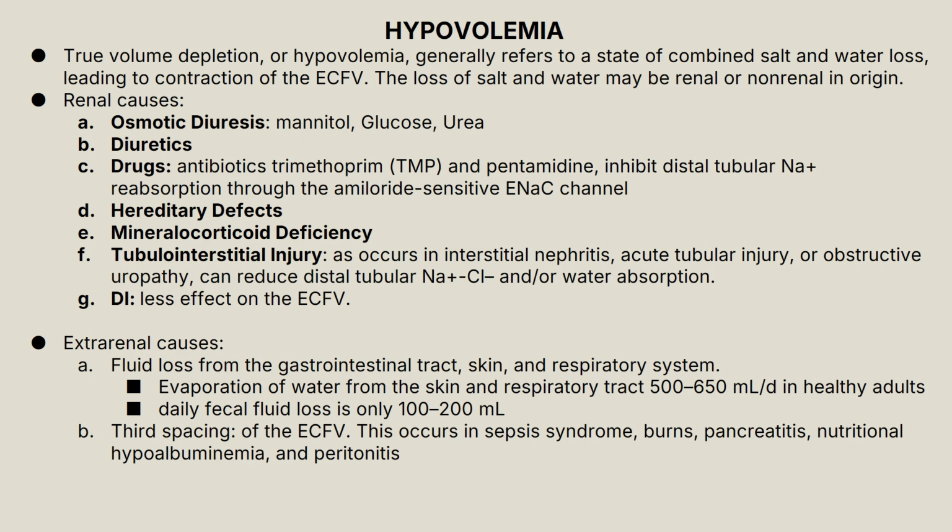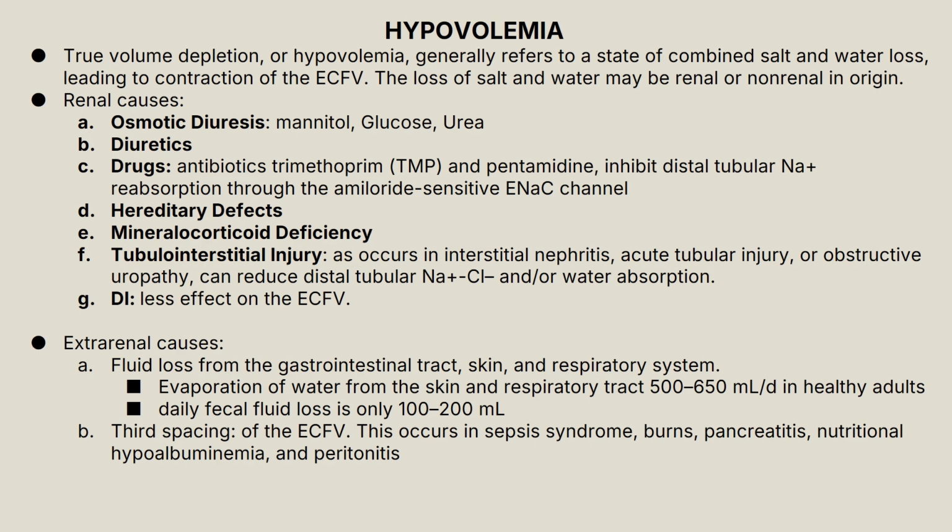And what changes the sodium concentration, being hyponatremia or hypernatremia, is usually not the sodium transporters and sodium abnormalities, it's actually the water disturbances. So we will first talk about the causes of hypovolemia.